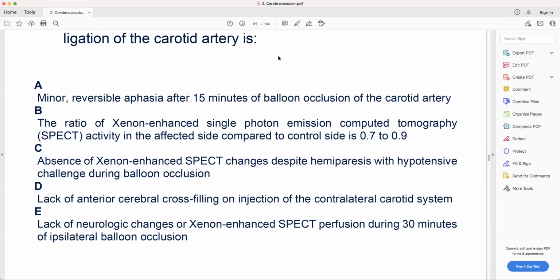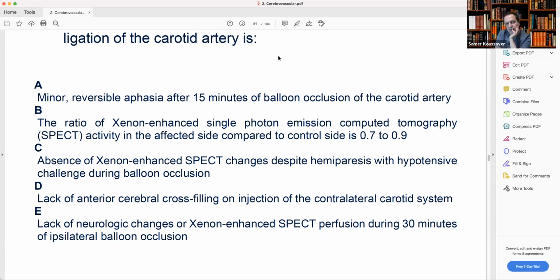D, lack of anterior cerebral cross-filling on injection of the contralateral carotid system artery. Some people do that: while you're occluding one side, they inject contrast in the other side. If you see cross-filling to the contralateral side, is this a good or bad sign?